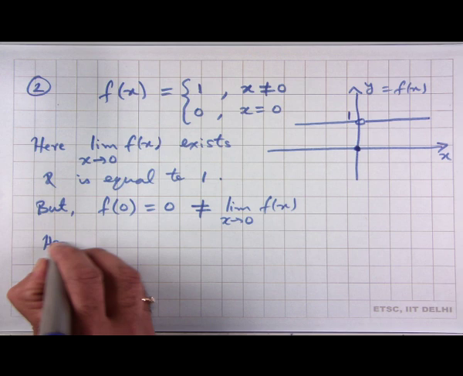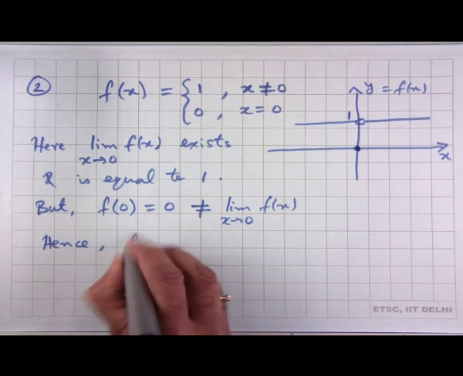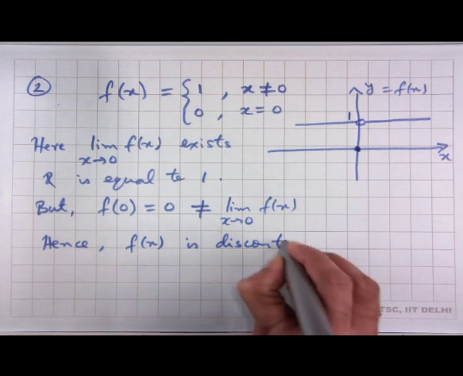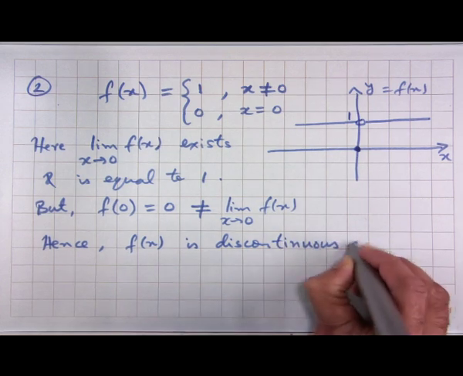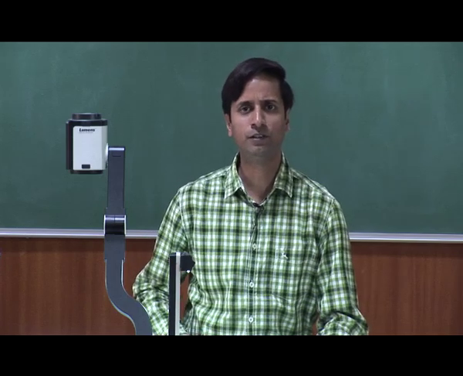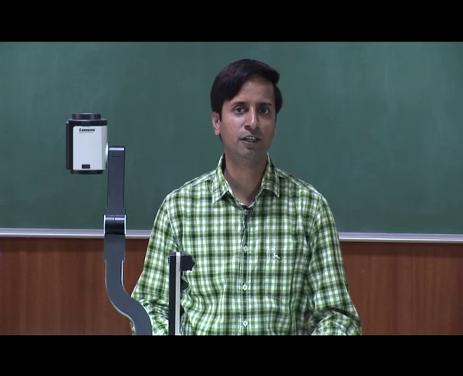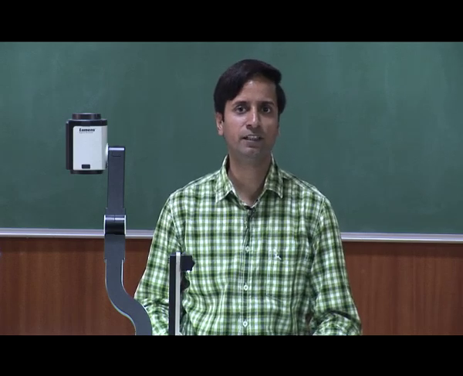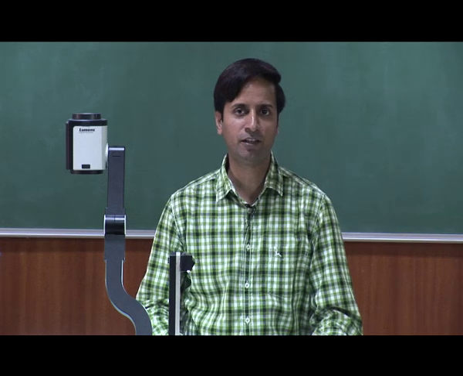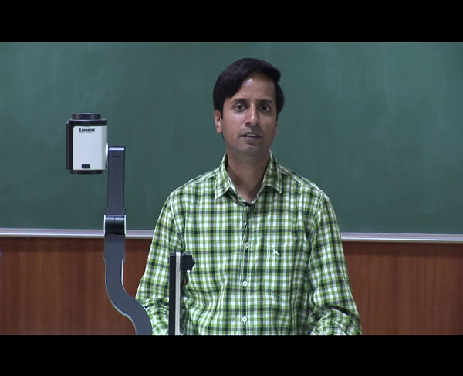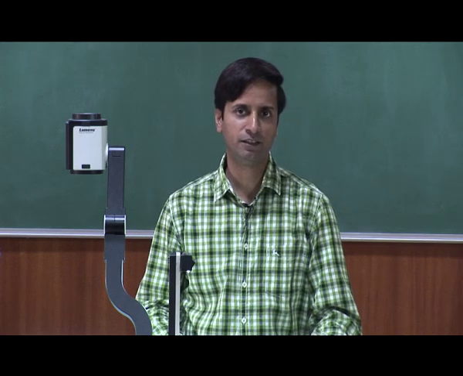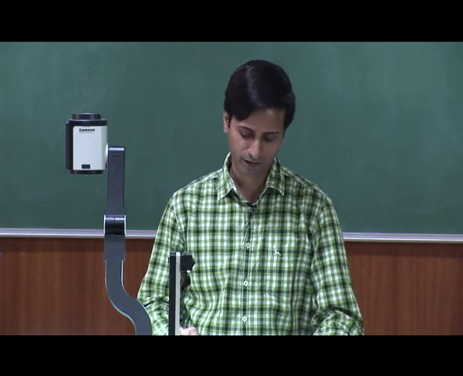Hence, the function f of x is discontinuous at x equal to 0. So, we have seen two examples. In one, the limit of the function did not exist at a point and therefore the function cannot be continuous at that point. Another example was where the limit exists, the function is defined at that point, but the value of the function is not equal to the limit. So, again the function is discontinuous at that point.